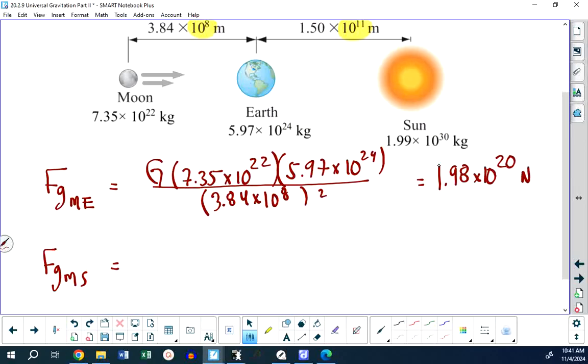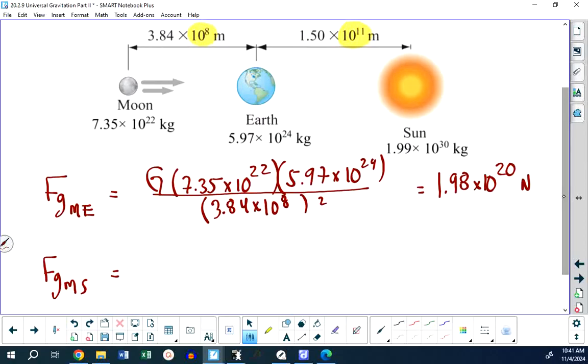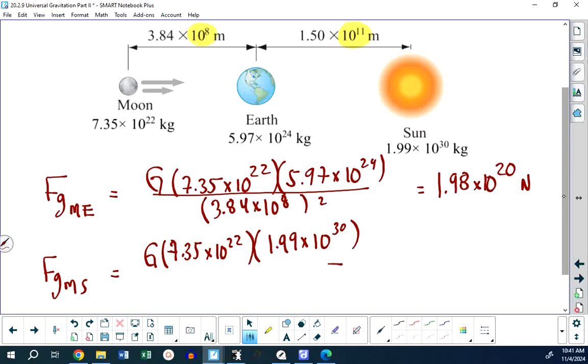And then what we have to do is do the same thing for the force between the moon and the sun. So the moon's mass times the sun's mass, which is just gargantuan, divided by the distance between them squared, which would be 3.84 times 10 to the 8 plus 1.5 times 10 to the 11.